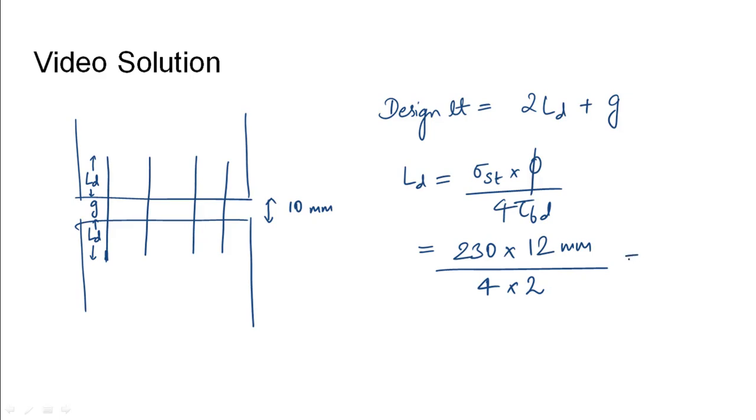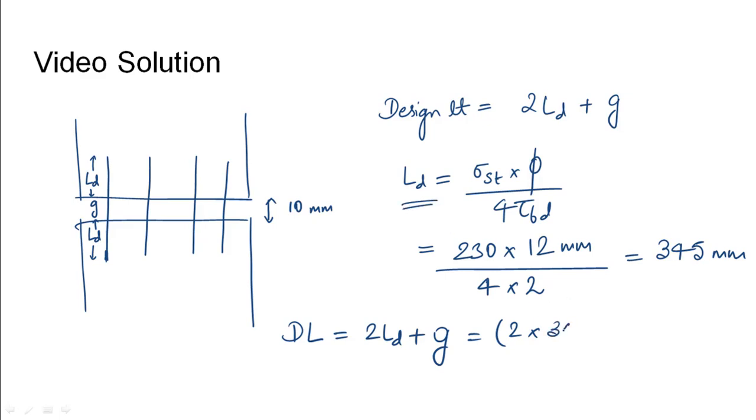This would give the value to be around 345 millimeters. As we saw, the design length is 2LD plus the gap, so it will be 2 times the development length, that is 345 mm, plus the gap that is given as 10 mm in the problem. So adding this, we get the design length for the tie bars, which comes to be 700 millimeters.